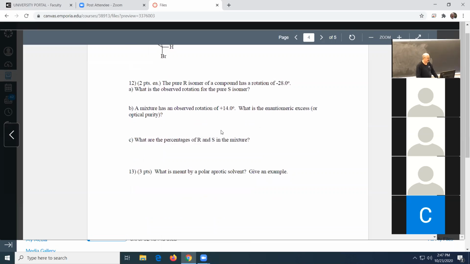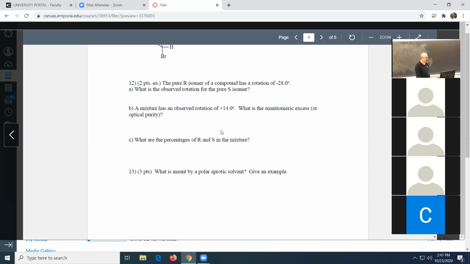Okay, number 12, the pure R isomer of a compound has a rotation of negative 28.0 degrees. Okay, the pure S would have the same rotation but opposite sign, so it would be plus 28 degrees. Okay, a mixture has an observed rotation of 14.